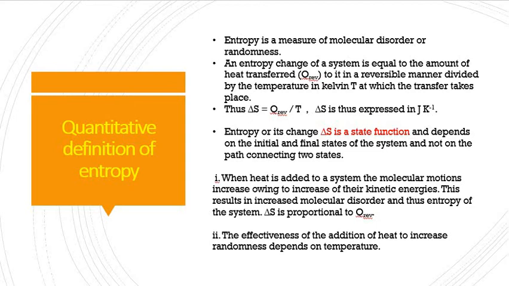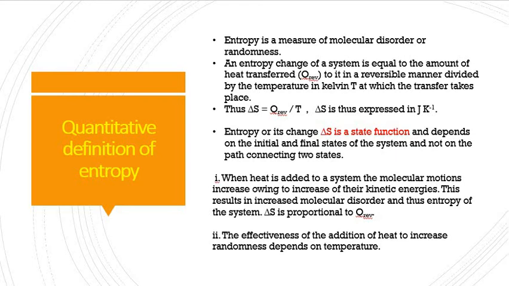If a certain amount of heat is added to a system which is already at a higher temperature, then the disorder caused is less than that caused by adding the same amount of heat to a system at a lower temperature. Thus, delta S is inversely related to the temperature at which the heat is added.